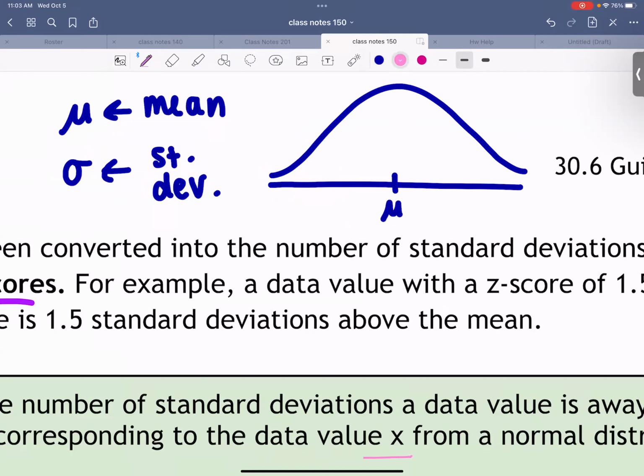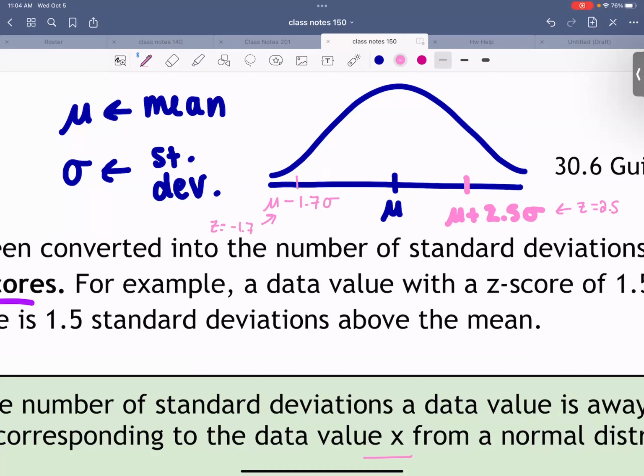So let's say I went the mean plus 2.5 standard deviations above the mean. What would be the z-score that corresponds to? 2.5, right? What if I took the mean and subtracted off 1.7 standard deviations? What would that z-score be?